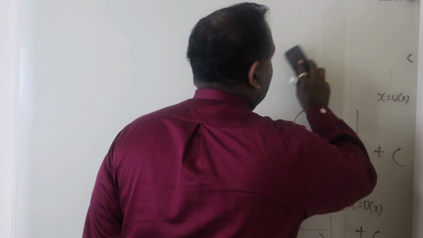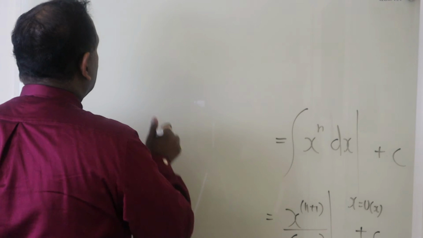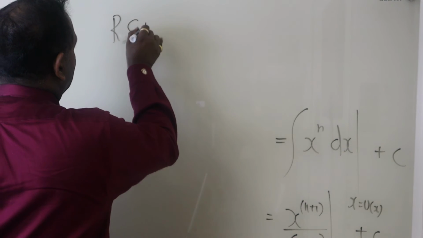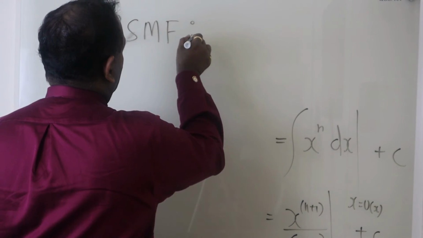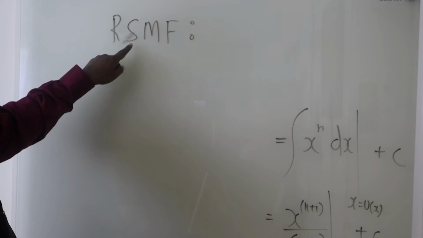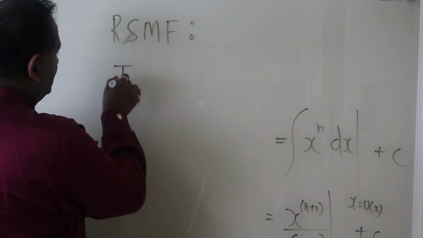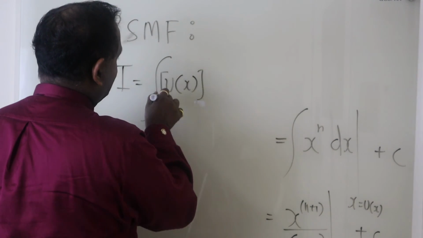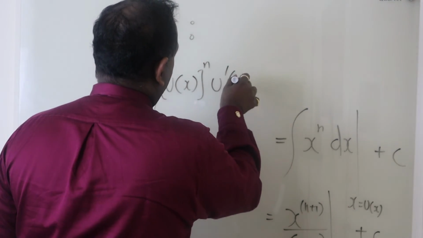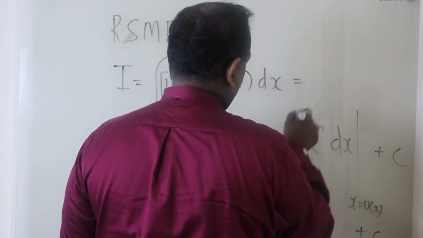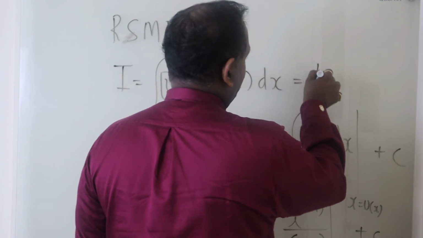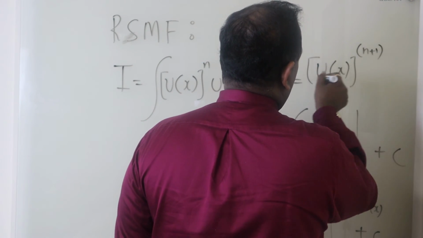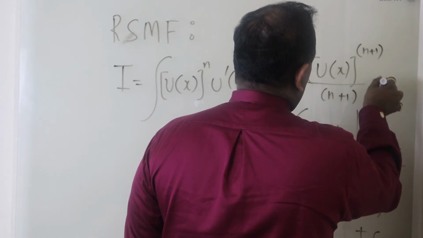Therefore, our revised substitution method formula is nothing but integral ux to the n u prime x dx equals, see, x now being replaced by ux to the power of n plus 1 divided by n plus 1, plus c.